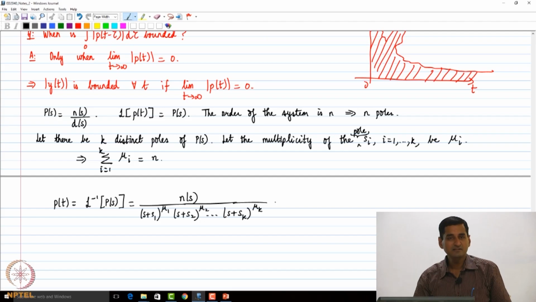So, that is how I can split the denominator polynomial. I can factorize the denominator polynomial.